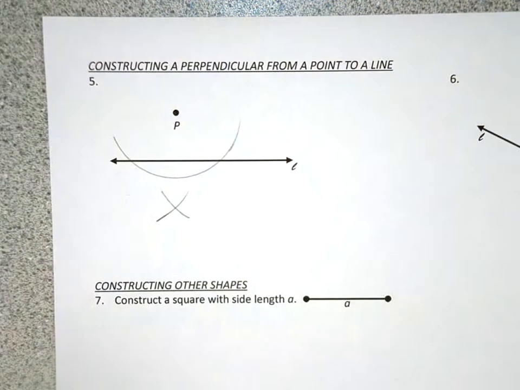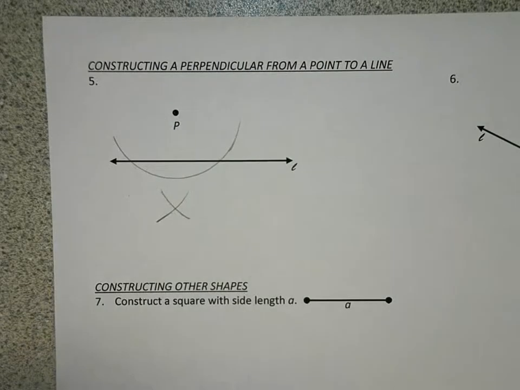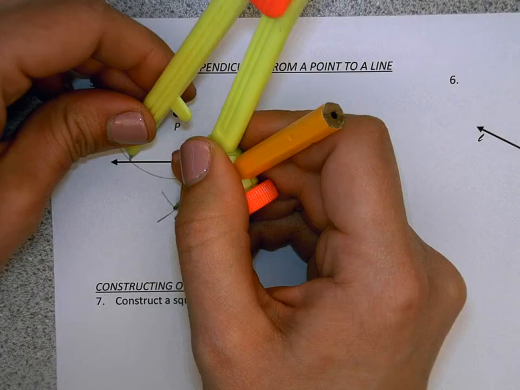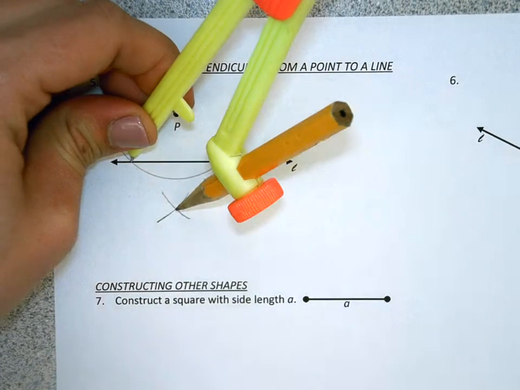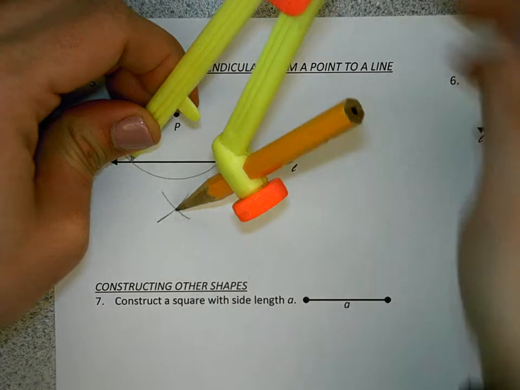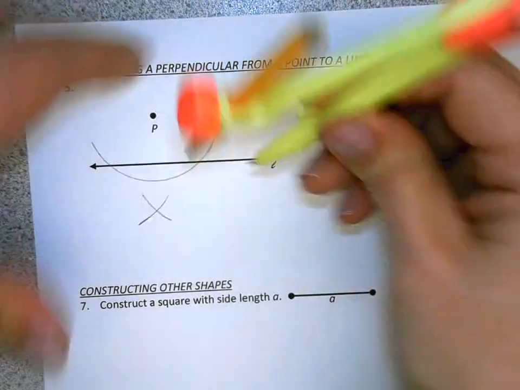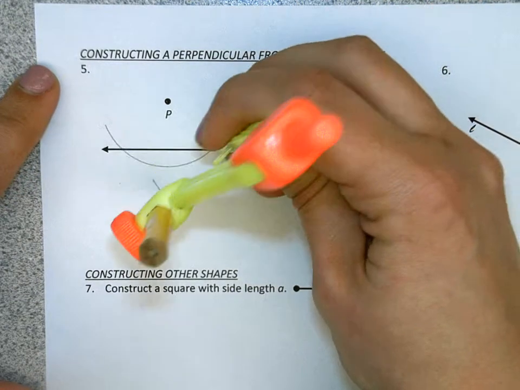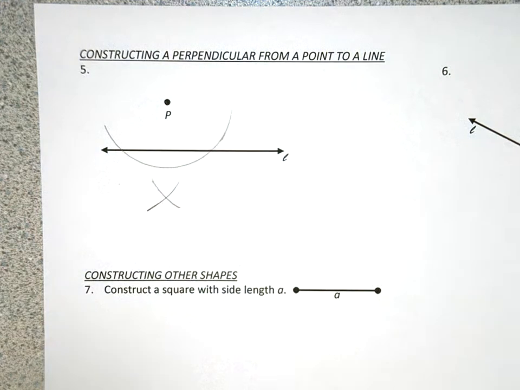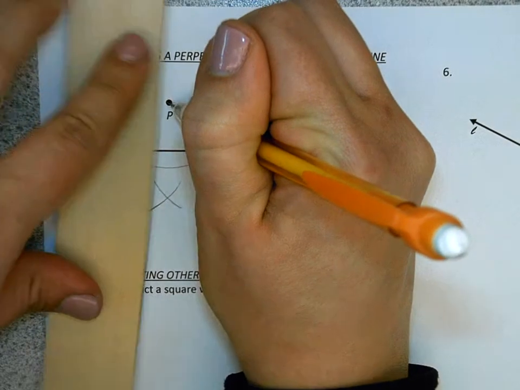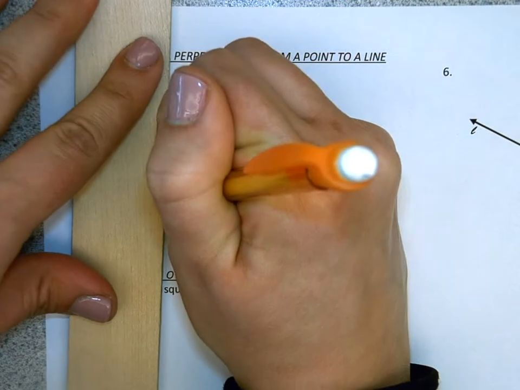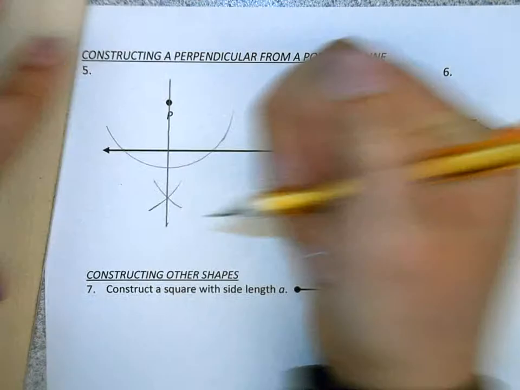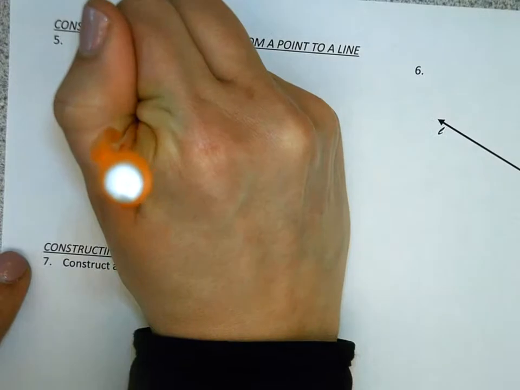Okay, so using whatever compass setting you want, you're going to put your compass on one of the endpoints and draw an arc, and then same compass setting, flip it to the other endpoint, draw a second arc, and they should intersect. And then you connect them. Should be perpendicular.